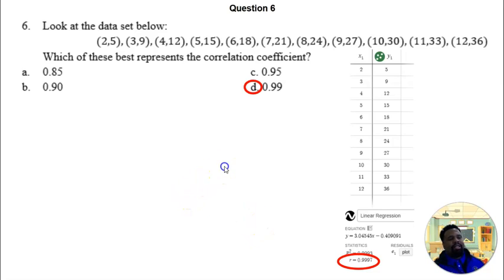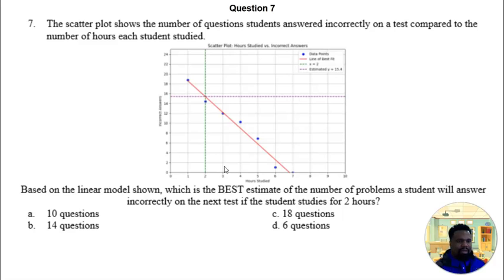Okay. Let's look at number 7. Number 7 says the scatter plot shows the number of questions the student answered incorrectly on a test compared to the number of hours each student studied. It says based on a linear model, which is the best estimate. So we're not getting an exact number, we're giving an estimate of how many questions a student will answer incorrectly on the next test if the student studied for 2 hours.